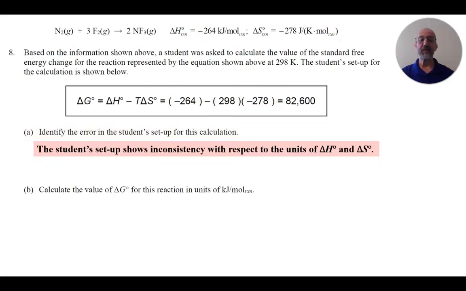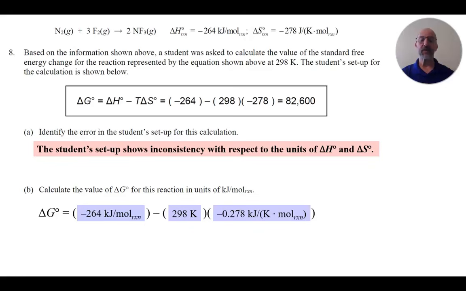And now we're going to fix the problem by converting joules into kilojoules. So I see negative 264 kilojoules per mole of reaction. I'm going to leave that number unchanged. The temperature is 298 Kelvin, so temperature goes here. And then finally, as I mentioned, we're going to convert joules to kilojoules. So instead of negative 278, if I divide by 1,000 to go from joules to kilojoules, then that value becomes negative 0.278 kilojoules per Kelvin mole of reaction.